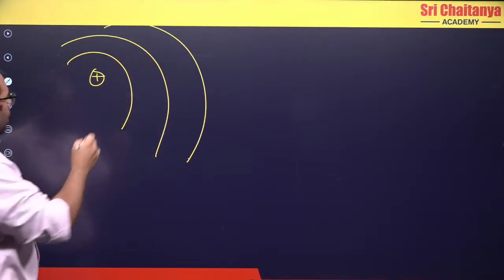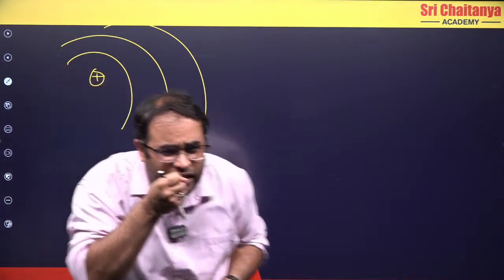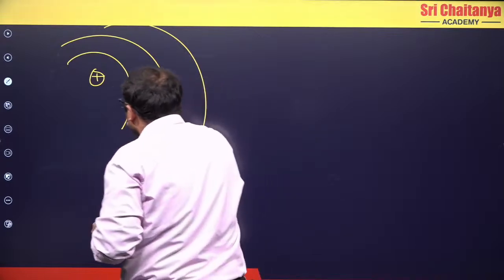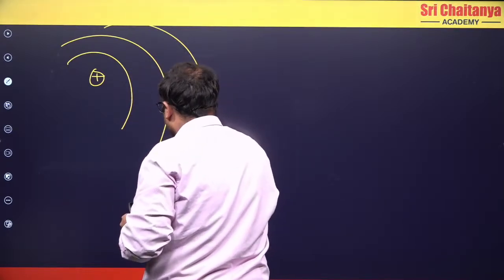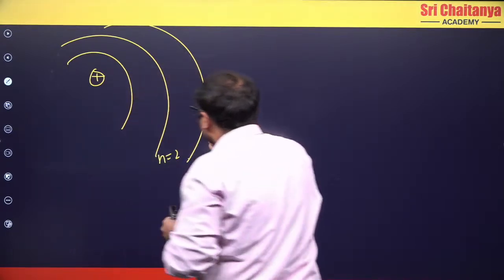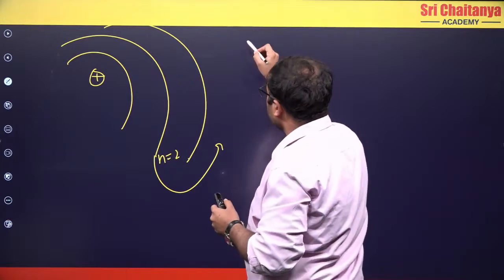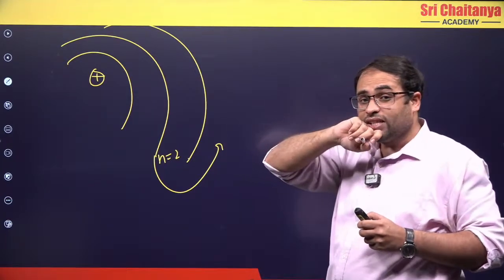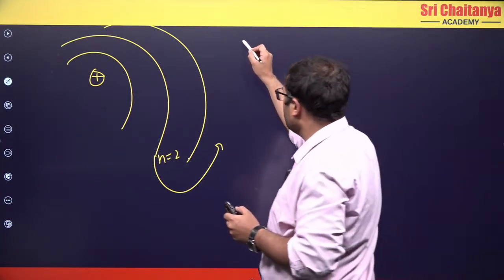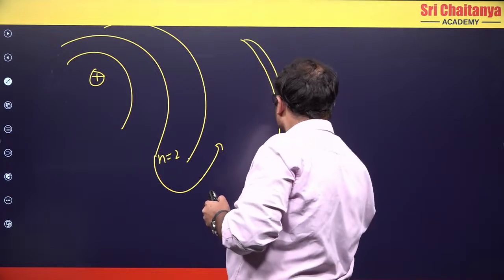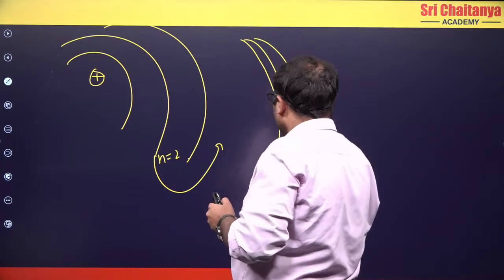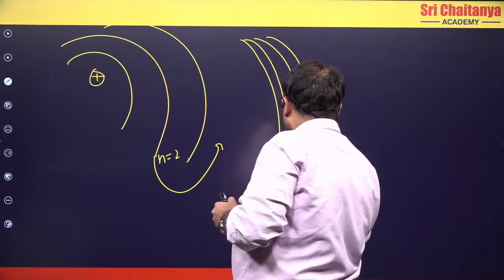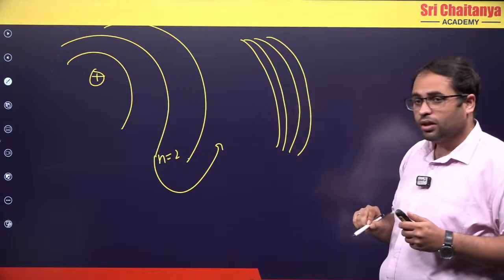shell. Now, let me take a magnifying glass and look into this, suppose this shell, the n equals 2 shell. As I look into this shell, what do I see? How many subshells? 1, 2, 3, 4. 4 subshells, right?